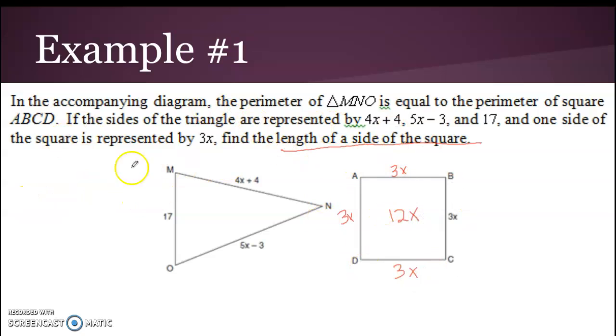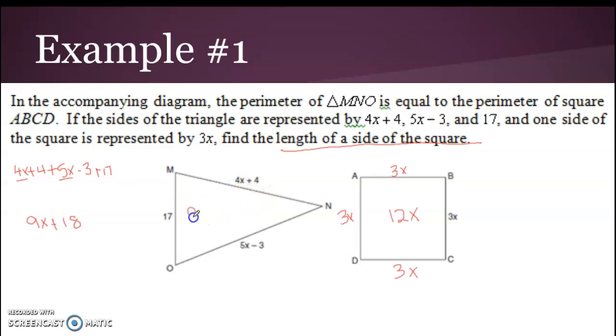And then on this side, I'm going to write this out for you. It's 4x plus 4 plus 5x minus 3 plus 17. Let's simplify this. All the x's together, so that's 9x. And then here you have 4, you have minus 3, and then you have a 17, which simplifies to 18.